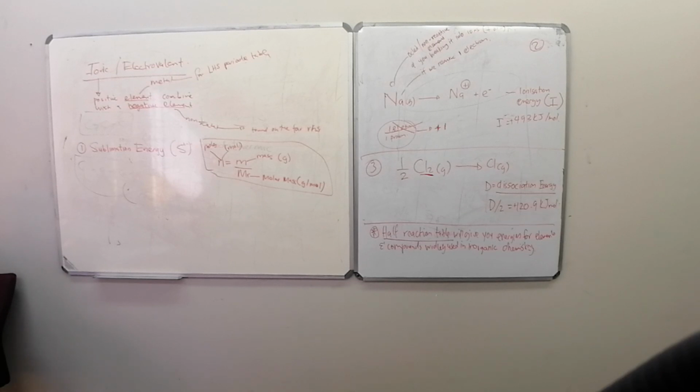Lithium is a metal, fluorine is a non-metal. We see that one valence electron from the lithium moves to the fluorine. When something loses an electron, it becomes positive, and once something gains an electron, it becomes negative. So the lithium became positive because it lost an electron, and the fluorine became negative because it gained an electron. If you want, you can take down the example.